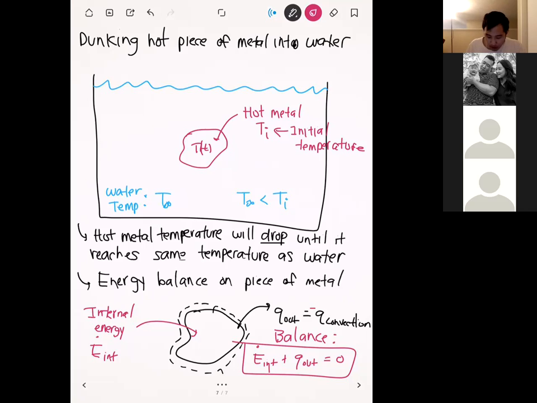Okay, so let's write expressions for each of these two terms. We'll write an expression for Q convection, and we'll write an expression for internal energy. Let's start with convection because we've seen that a dozen times at this point.